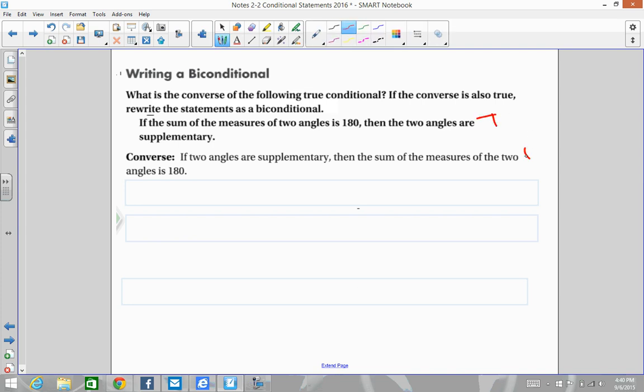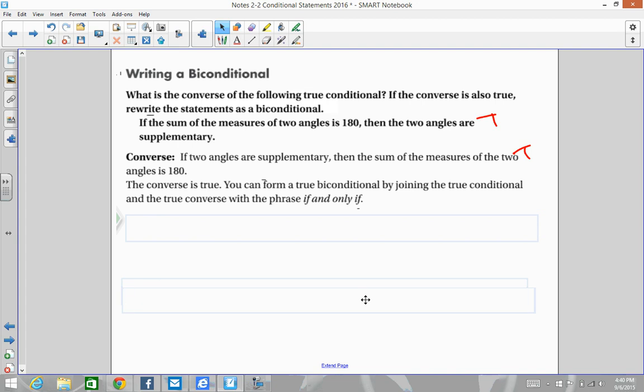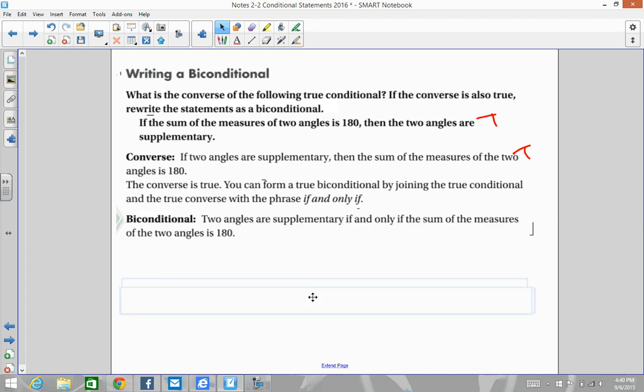The conditional and the converse are both true, and if they're both true, we can write that as a biconditional. You can form a true biconditional by joining the true conditional and true converse together with if and only if. And this is what it would look like: two angles are supplementary if and only if the sum of the measures of the two angles is 180.